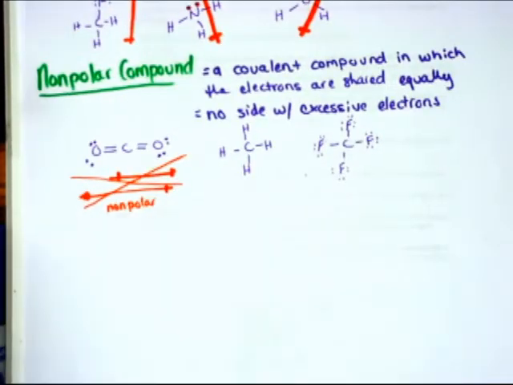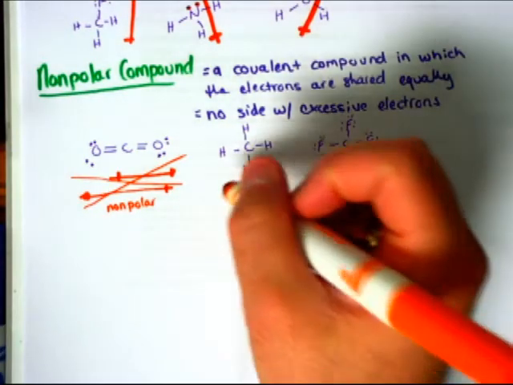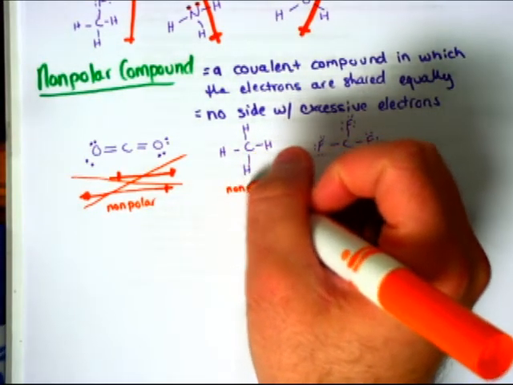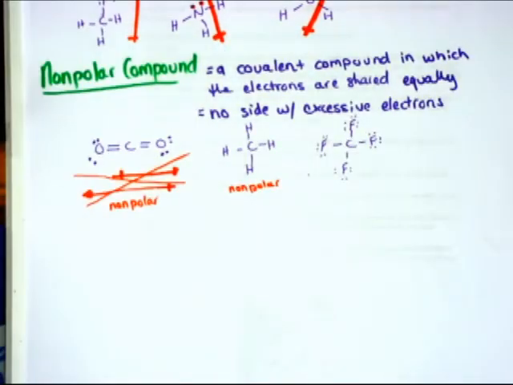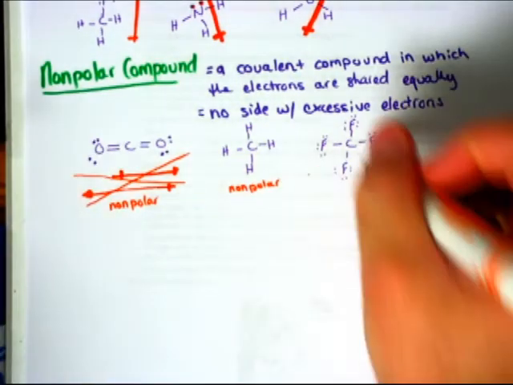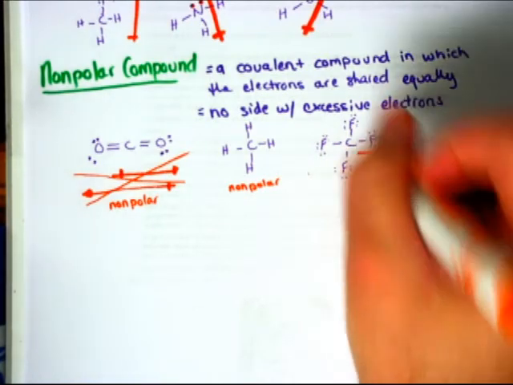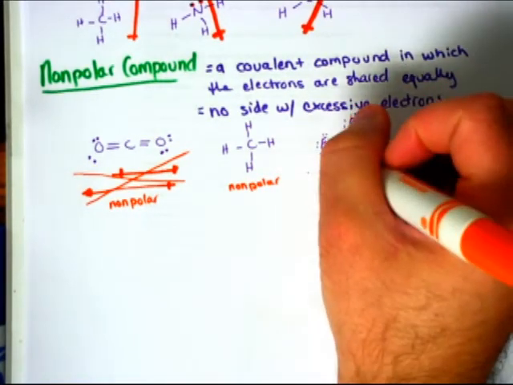How about in the case of CH4? Do you see any electrons here? Lone electrons, little dots. No. So again, nonpolar, because there's no heavy side of electrons. Now in the case of CF4, can I draw a side to lots of electrons? I could draw a side over here, right? But then I could also do one up to the left.